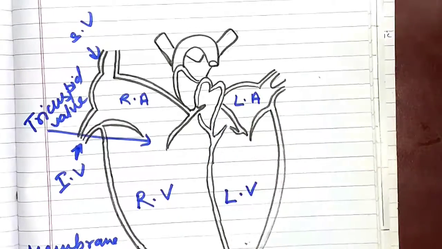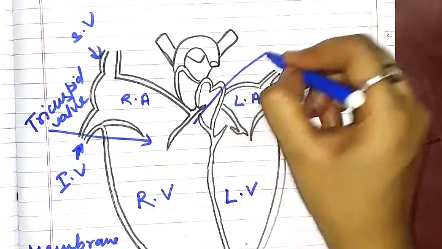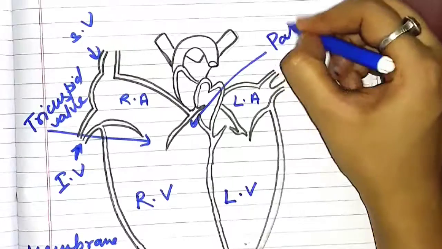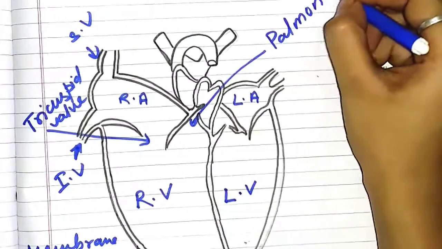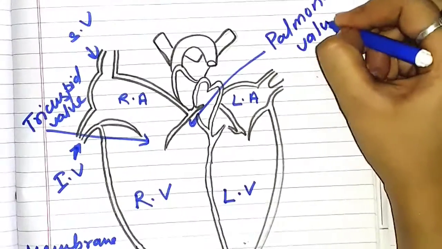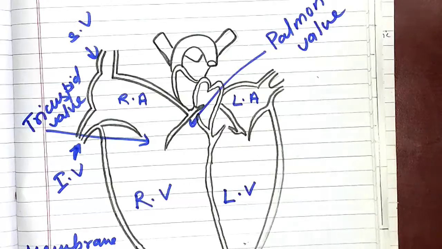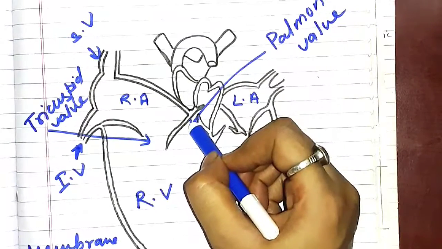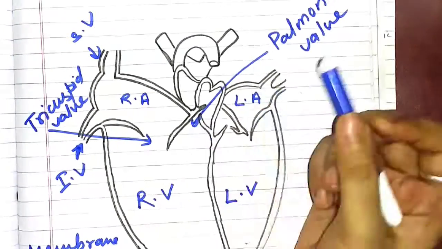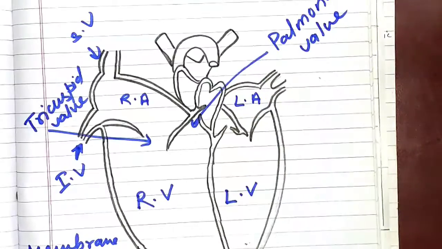Here it is, the pulmonary valve, and then the deoxygenated blood comes into the pulmonary artery.